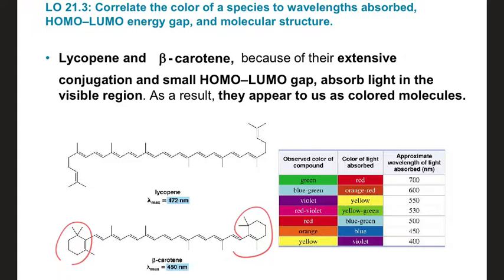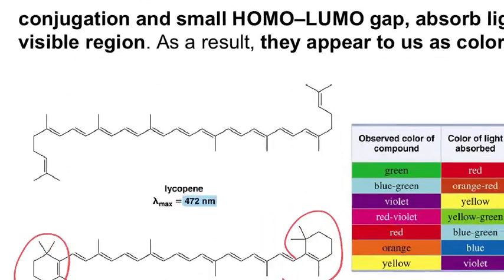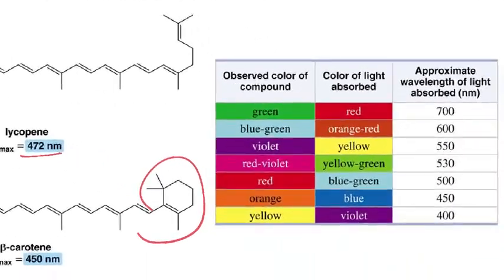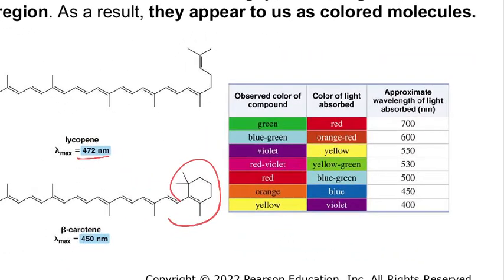So, right, if it's absorbing, let's see, lycopene, lambda max of 472. We could look at this table. It's somewhere in between here. The color of light absorbed is going to be bluish green or blue, and so it's going to be a reddish orange color, right?